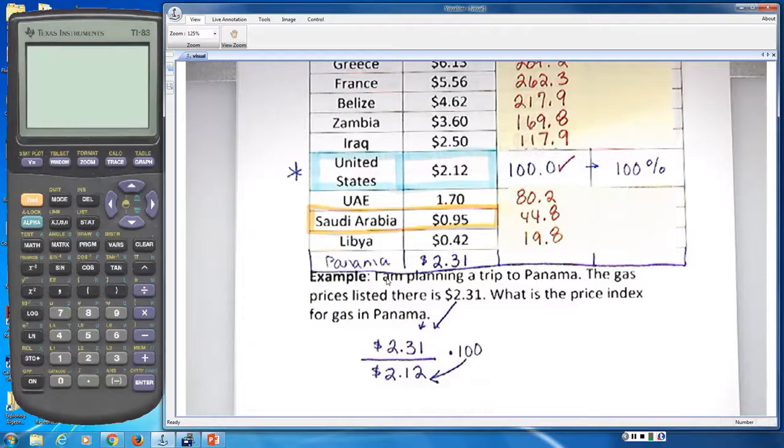Now, are they pretty close to us? Yeah, they're pretty close to us. They don't charge that much more for gas than we do. So we're expecting the index to be a little more than ours because their price is a little higher than ours, but not a whole lot higher. So a little bit more than 100. So let's actually calculate their index.